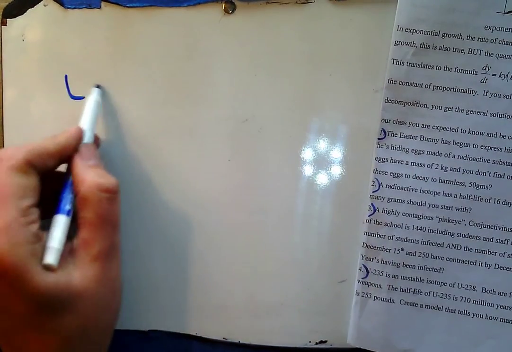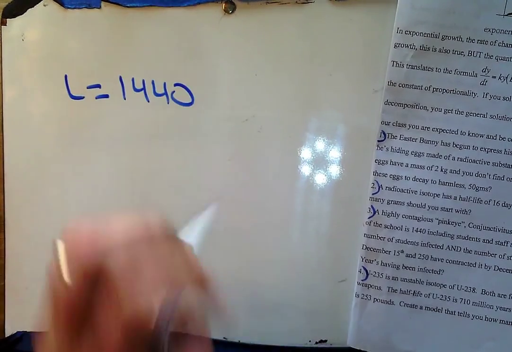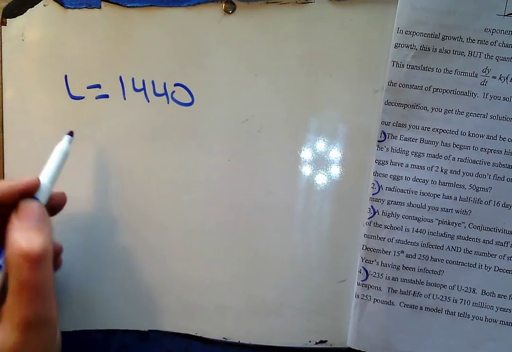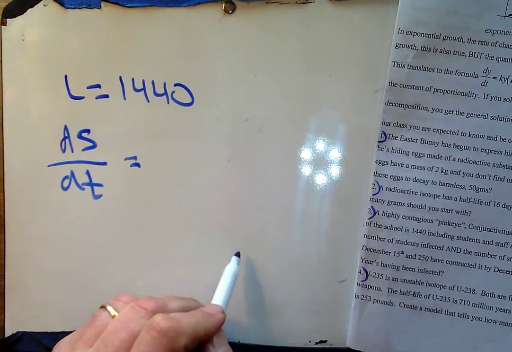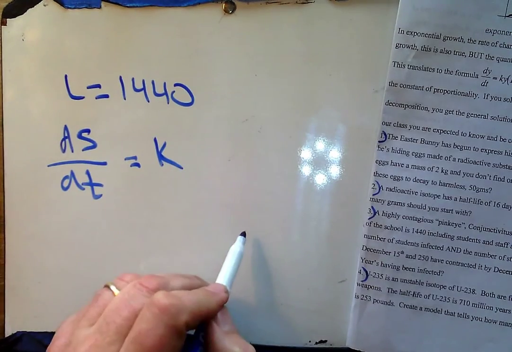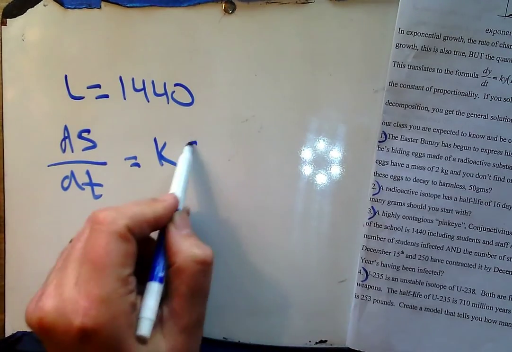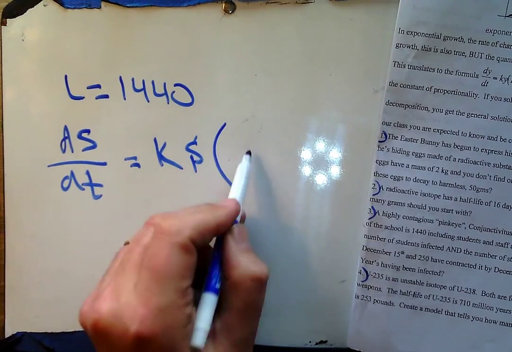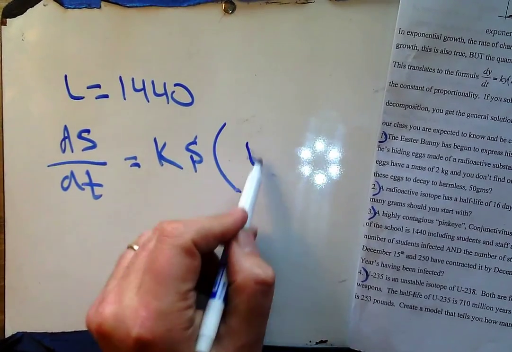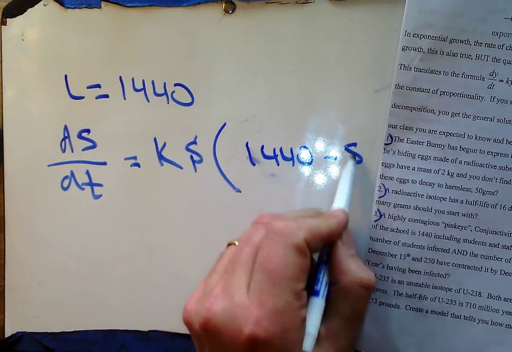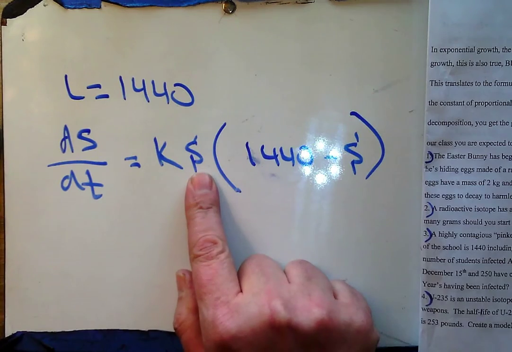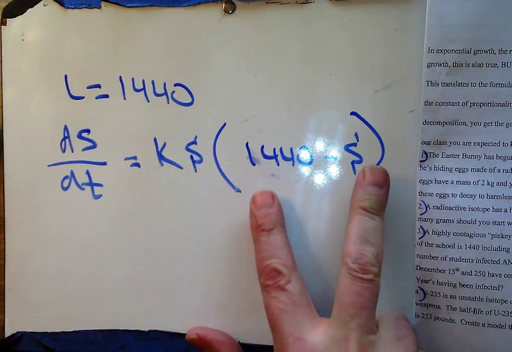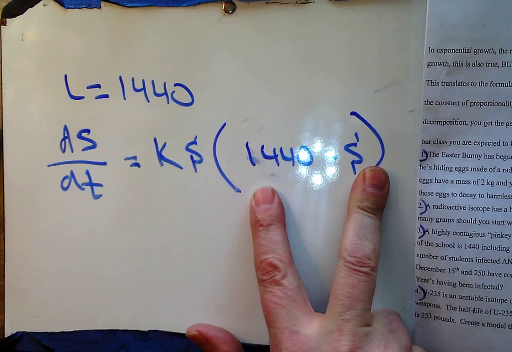Now, to think about this for a moment, now I'm going to do the problem. I'm going to say that L, the carrying capacity, is 1440. And I'm going to say that the rate of change in the number of students infected with respect to time is proportional to the number of kids infected and how many more kids can be infected. So, this is the number of kids who've already been infected. This is the number of more kids who can be infected.